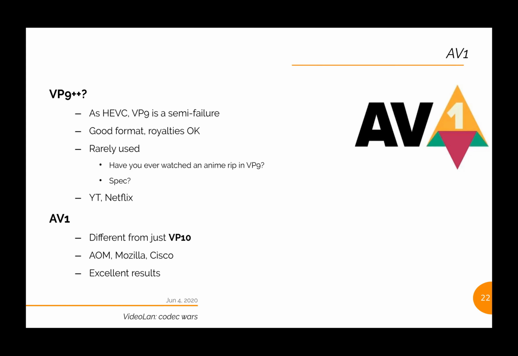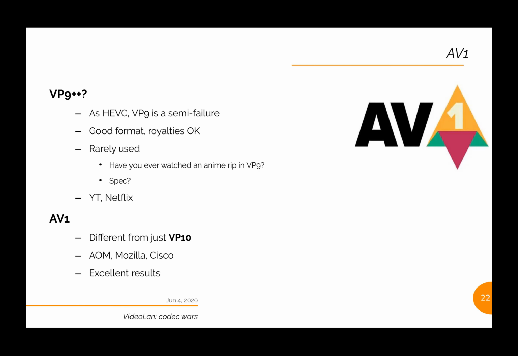It's royalty free, so royalties are okay, but de facto it's very rarely used. What we see from VLC is that not many people play VP9. VP9 is used basically by YouTube and Netflix and Facebook, and that's it. No one from the broadcasting industry uses it, and almost no one from the user-generated content and anime industry uses it.